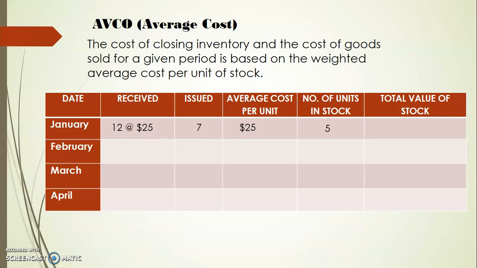In January, we are looking at receipts and issues, and we received 12 units of stock, and for the example, we are looking at reams of A4 paper. 12 were received at $25. 7 were issued from the 12 receipts. The average cost per unit, $25.